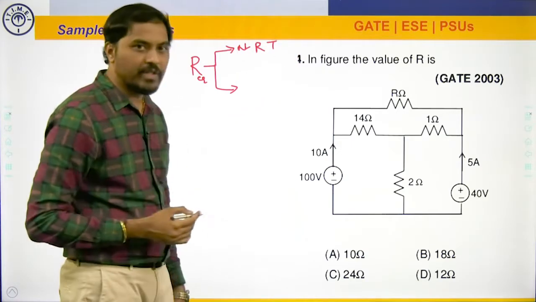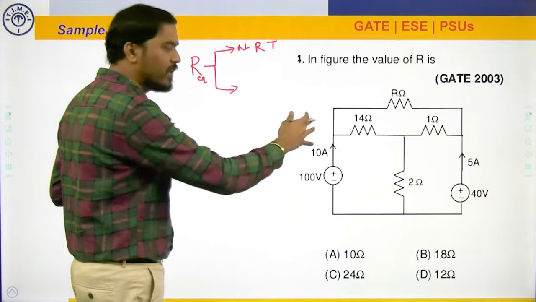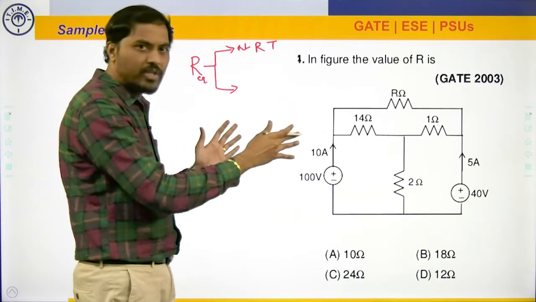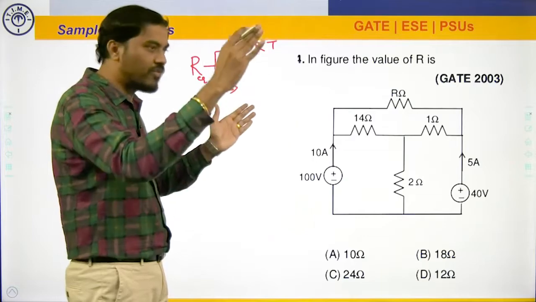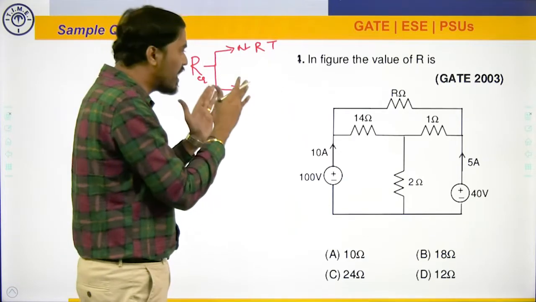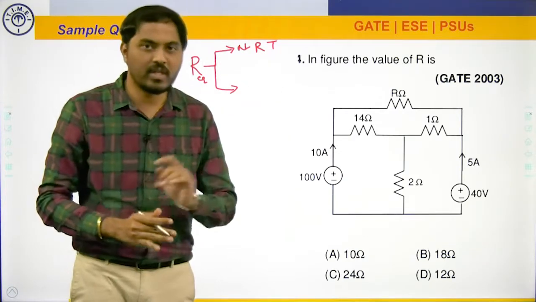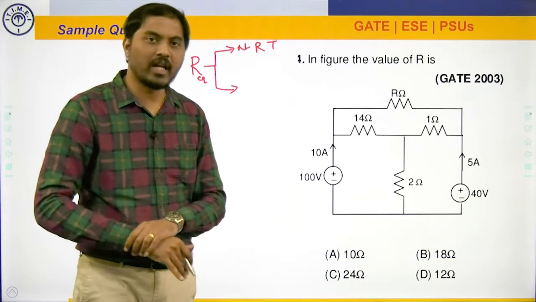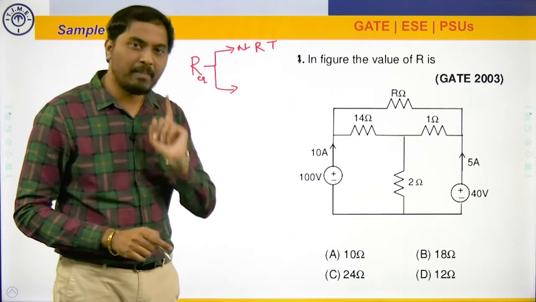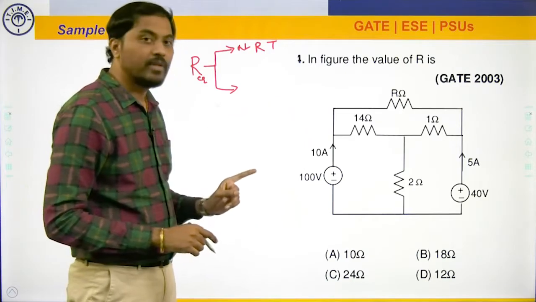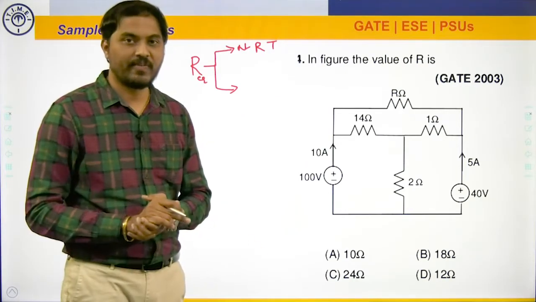Network reduction technique means there will be a lot of elements. You have to keep on reducing: two resistors in parallel, replace them with one; if they are in series, replace them with one. So you have to keep on compressing the circuit, and finally you will be left with one single element. That is a way to calculate equivalent resistance, but that method is applicable only if the circuit has no sources.